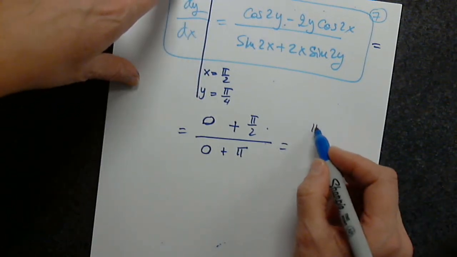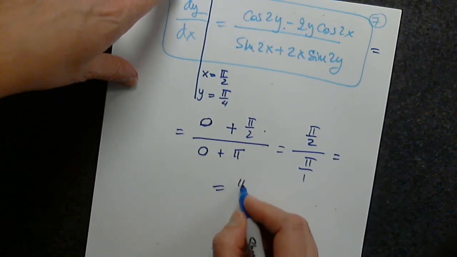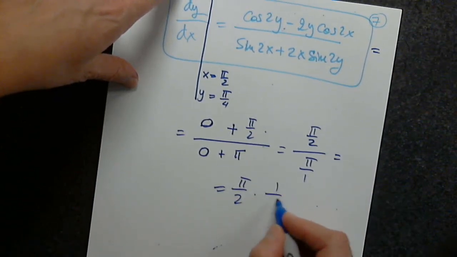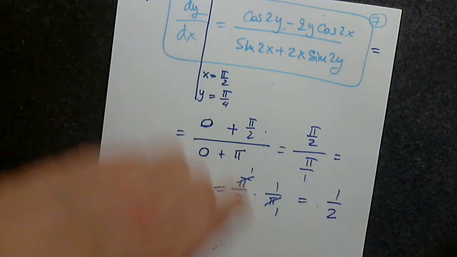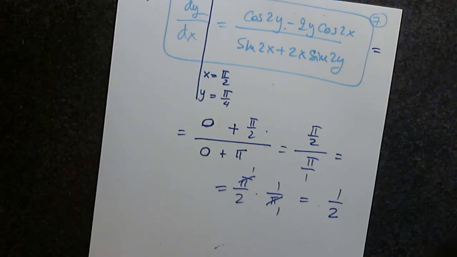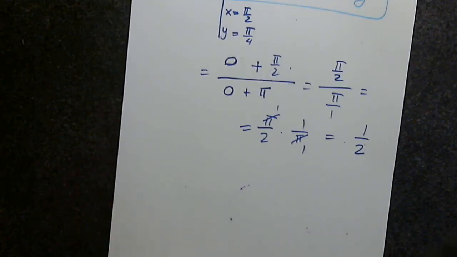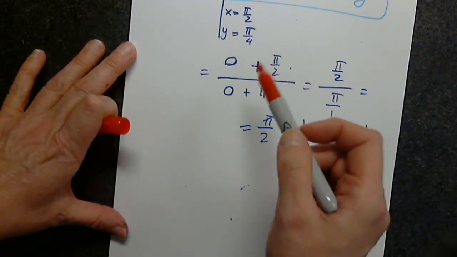So then the numerator is pi over 2. The denominator is pi over 1. So I have pi over 2 times 1 over pi. I simplify, and I get 1/2. So this is the slope of the tangent line to the graph at pi over 2, comma pi over 4.